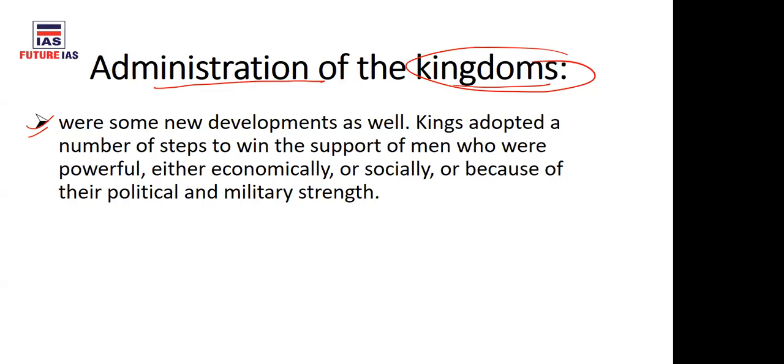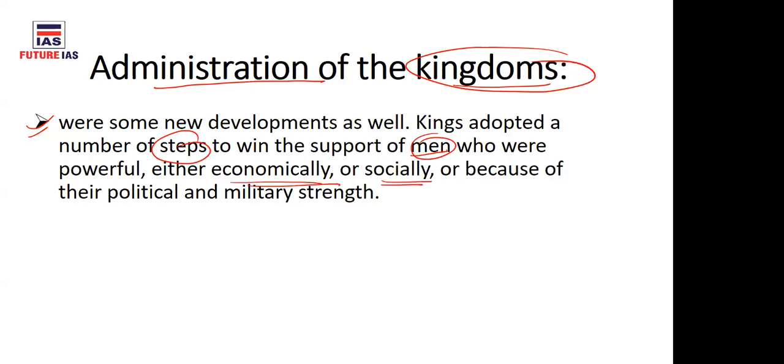Those men who supported the king, internally as well as externally, were part of the kingdom. The king started adopting such steps to win the support of the men who were more powerful, either economically or socially.